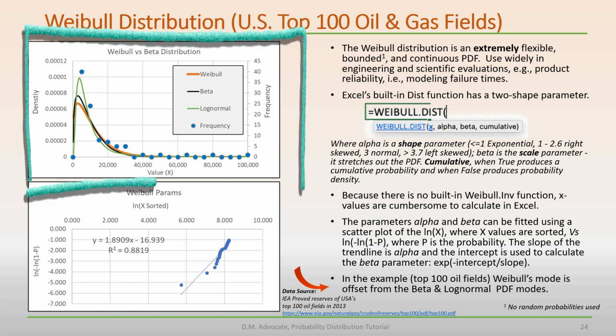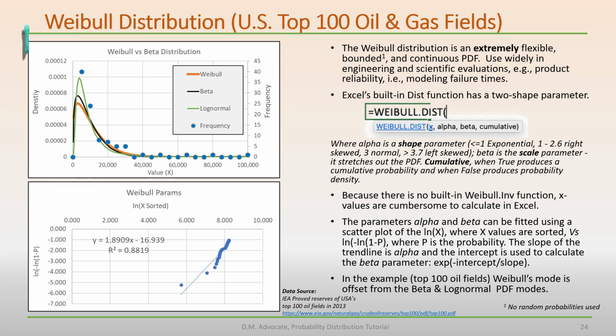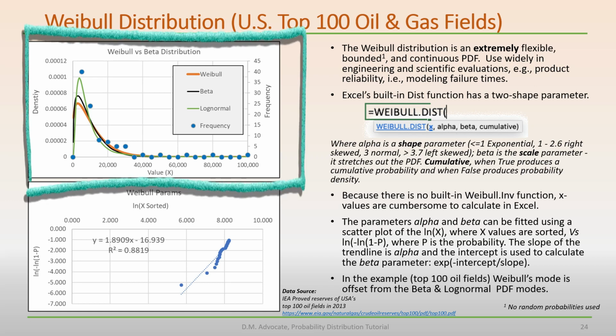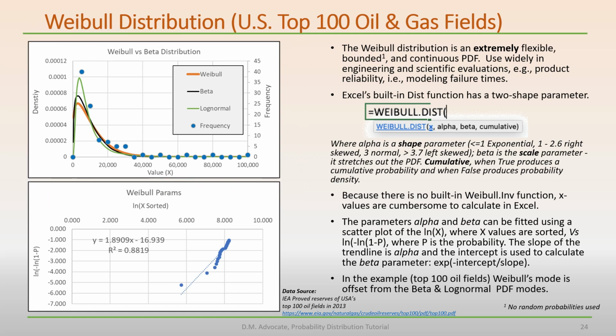In the example that we're looking at, the top 100 fields, Weibull's mode is offset from beta and log normal PDF modes. As we can see in the upper left figure, the Weibull distribution does a good job of matching the observed frequency data, the blue dots, and it extends to and no further than the maximum value that was put into the data.